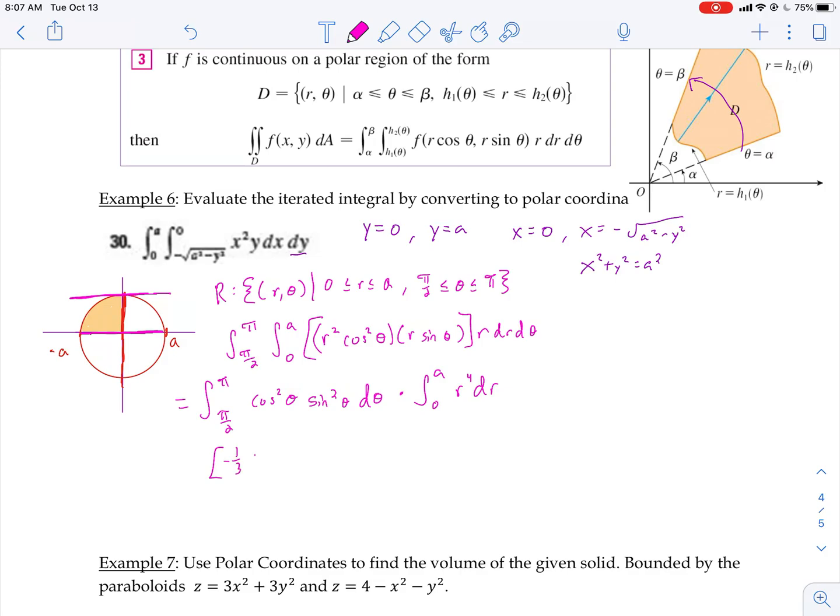That's really going to be negative 1/3 cosine cubed theta from pi over 2 to pi. And then I have r to the 4th, so that's going to be 1/5 r to the 5th, from 0 to a.